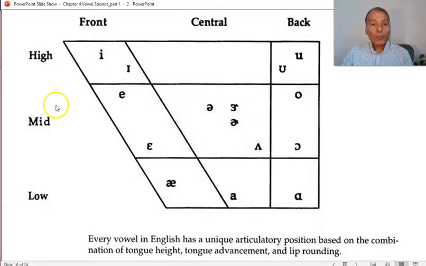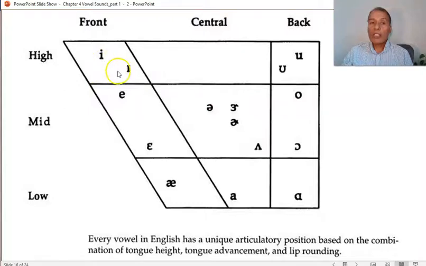So, for example, here is the front of the mouth, and here's back, here is the top of the mouth, the oral cavity. Here is the bottom of it, like low, and the sound can be in the middle. So let's go over these using this chart, this quadrilateral, and then we can go back and look at the words that you have there.